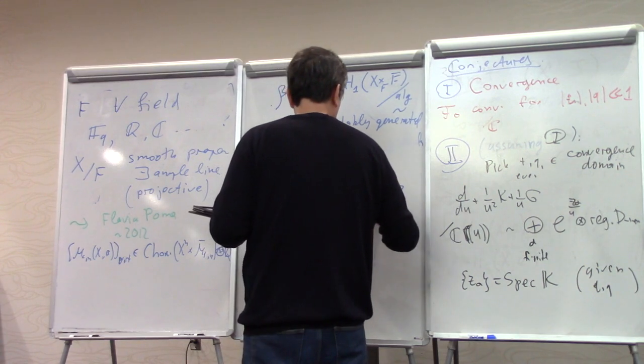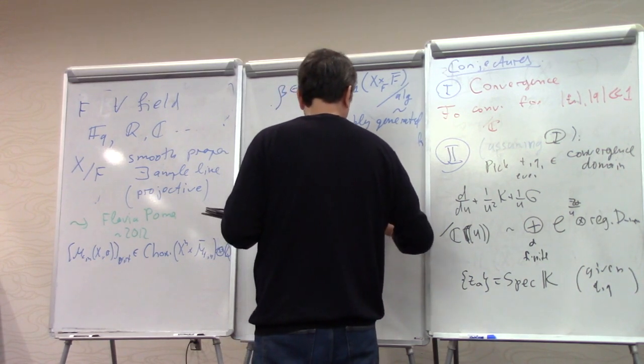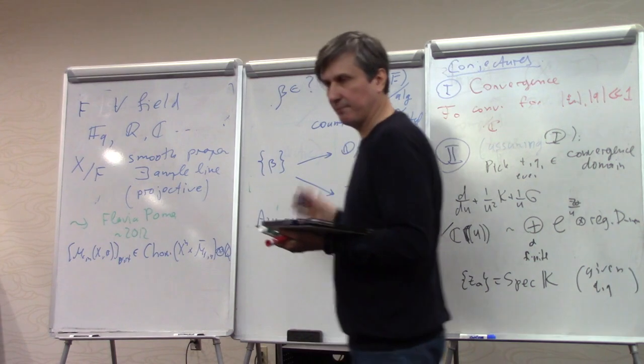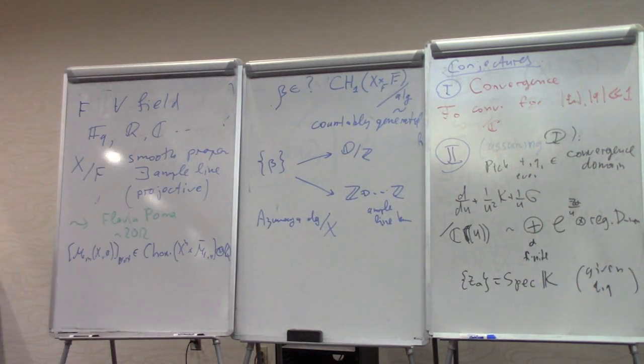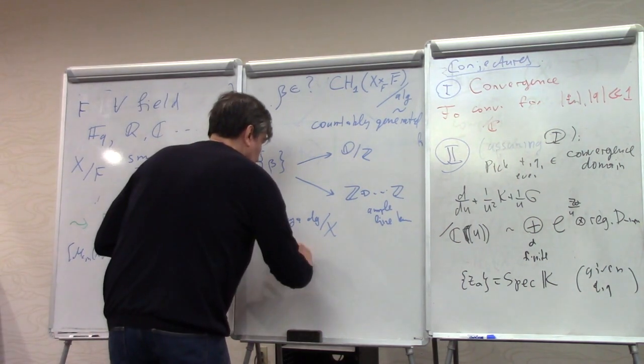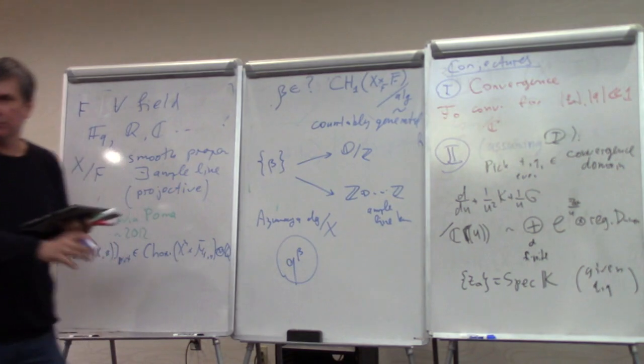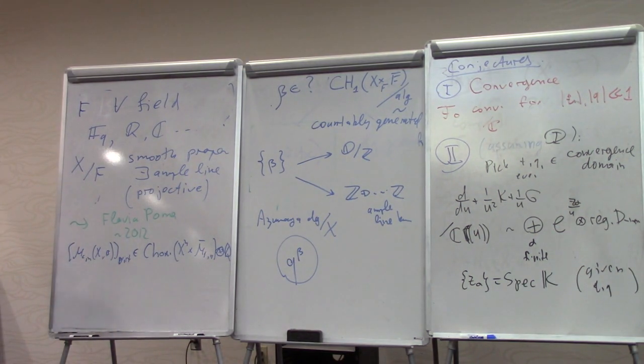You just put ample line bundles and consider degrees of ample line bundles. So we can make a generating series with q to the power beta.